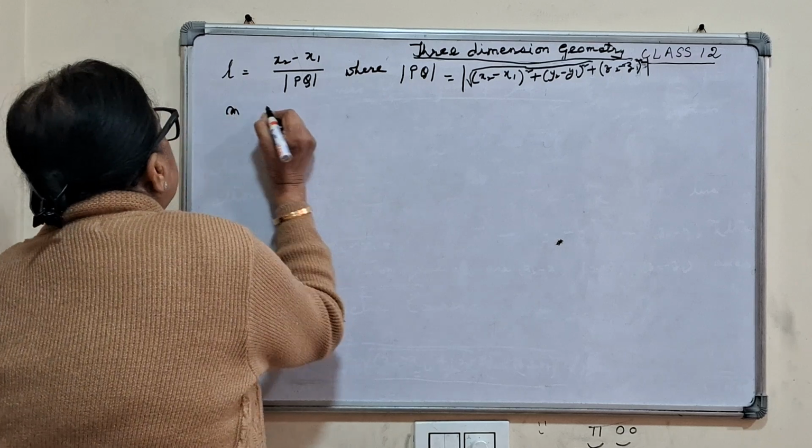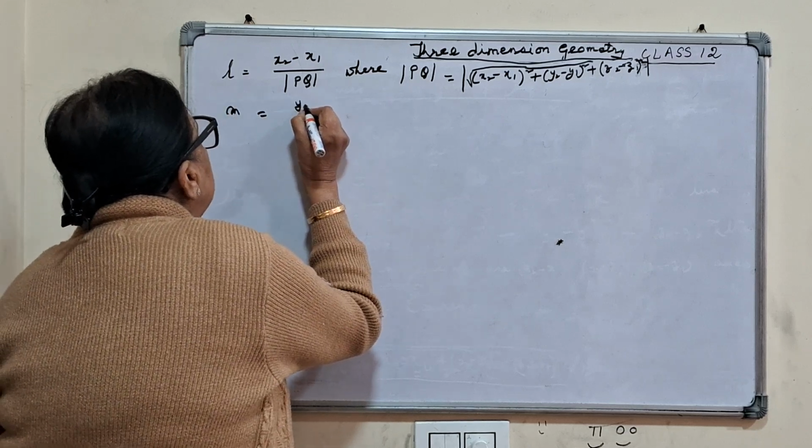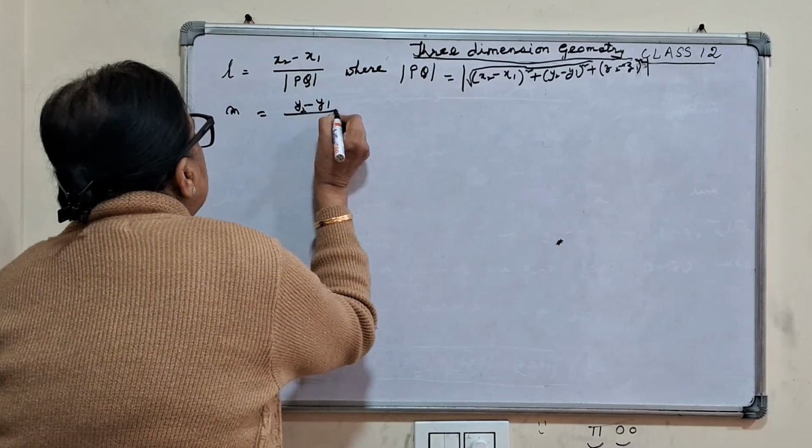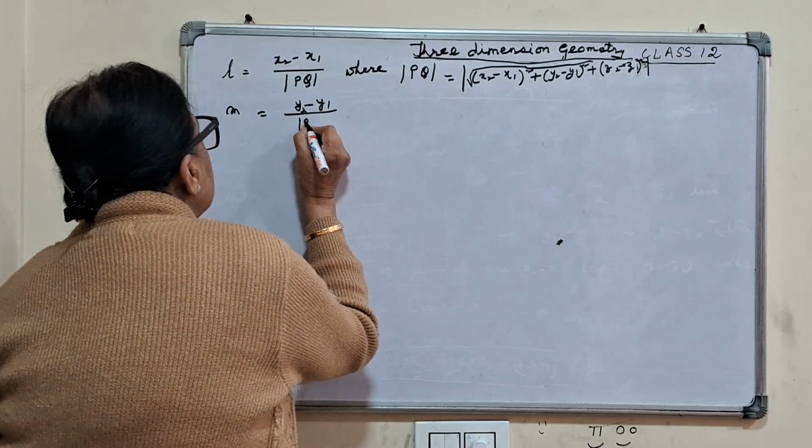Then M is equal to y2 minus y1 divided by mod of PQ.